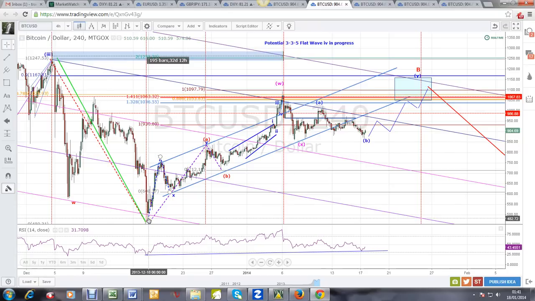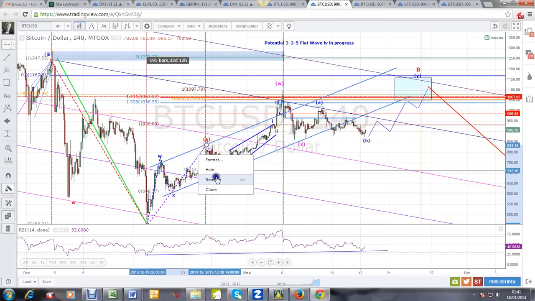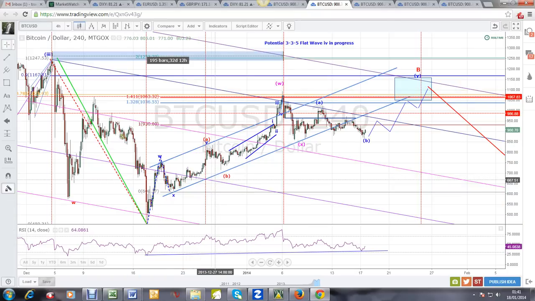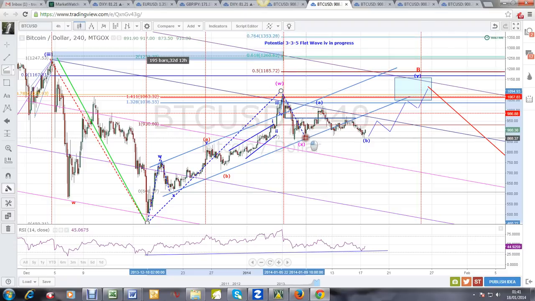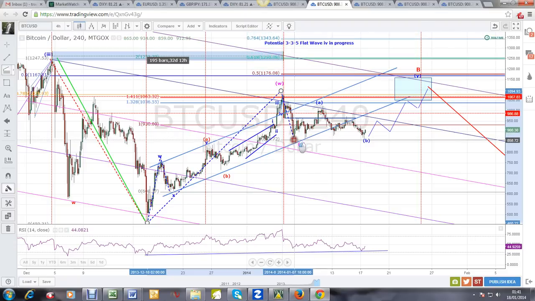That's one reason. The other reason is that if I take all these away to simplify, okay, and if I was to put my Fibonacci projections on, then I'm looking from here to the height of that, and possibly this is the bottom somewhere here, or even at this level here.